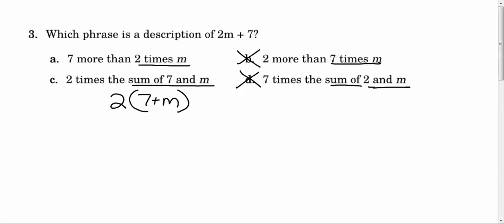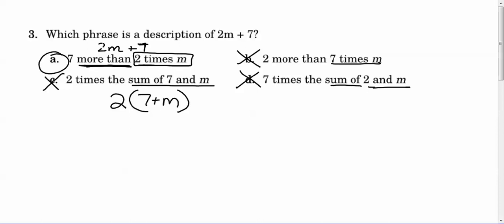We're only doubling the m. The correct answer here is choice A. And when you see more than or less than, it's a flip-flop phrase we call it here. So even though it says 2 times m here, we're actually going to put the 7 more at the end of that.